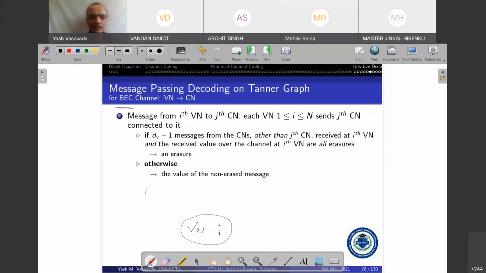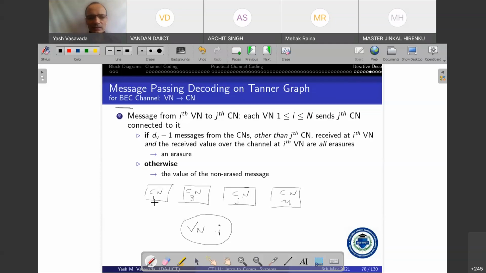Let's say CN1, maybe the next CN that is connected to this VN might be CN3. And then there is some CN whose number we don't know, but we are just going to call it CNj. And there may be some last CN, maybe the last CN is also connected, which we are denoting as CNu. u, remember, is the number of parity checks.